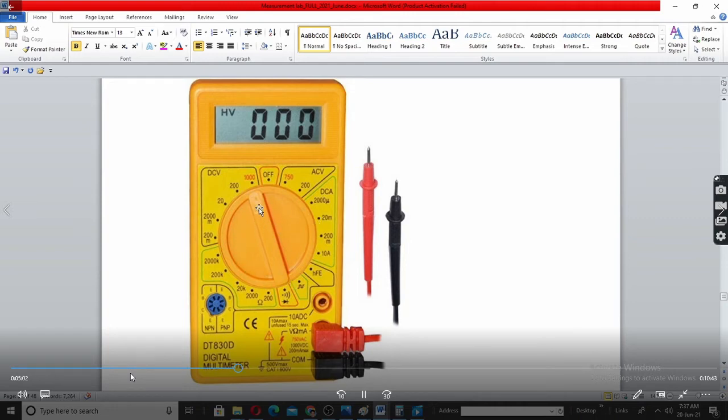But when this is kept at the 10 amperes range, the red lead should be placed in the upper terminal. It has fuse protection.